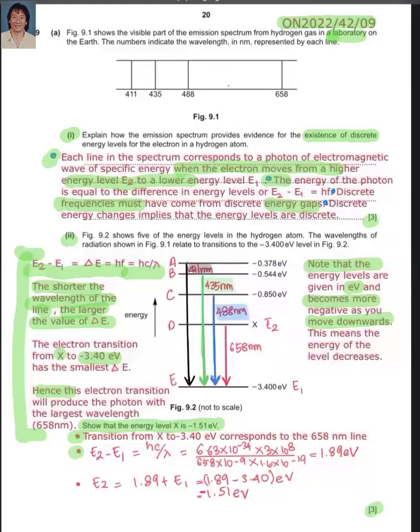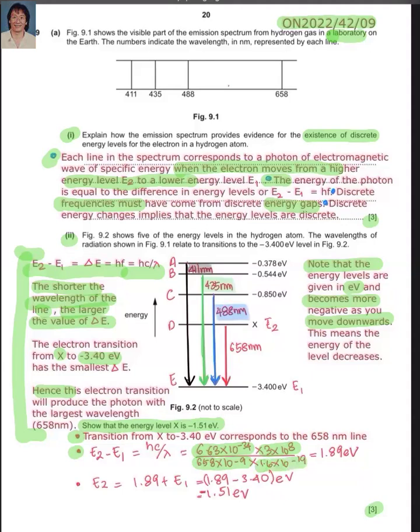Second point is E2 minus E1 equals hc over lambda. h is the Planck constant, which has a value of 6.63 times 10 to the minus 34. c is the velocity of electromagnetic waves, and lambda is changed to meters, 658 times 10 to the minus 9. Now we divide by 1.6 times 10 to the minus 19 to change it to electron volts.